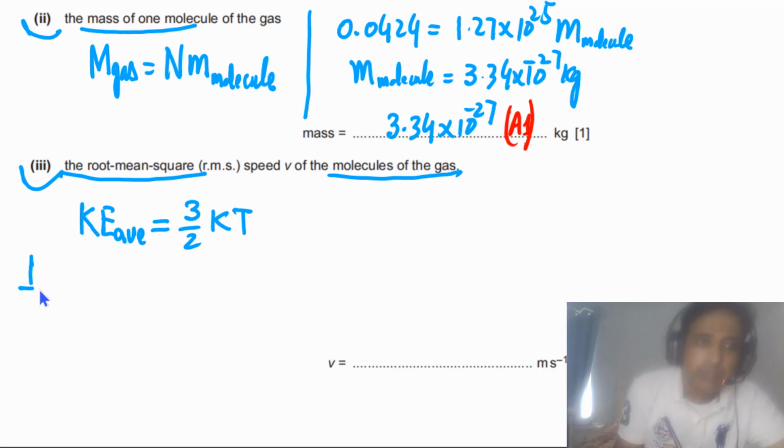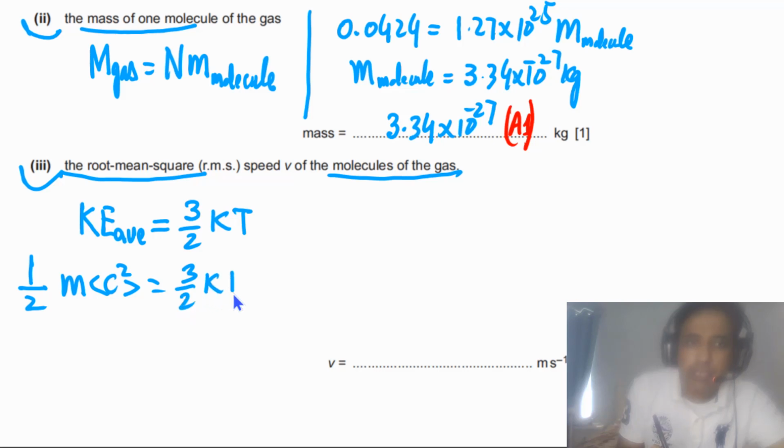And average kinetic energy of molecules is 1/2 m, mass of single molecule, times mean square speed. This is equal to 3 by 2 kT. So we can cancel this 2 with this. We need to calculate mean square speed, so this will be equal to 3kT divided by m.